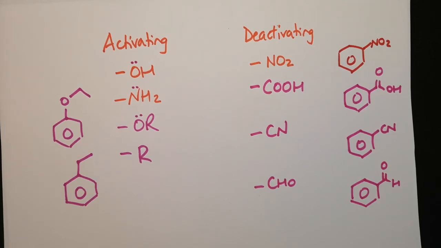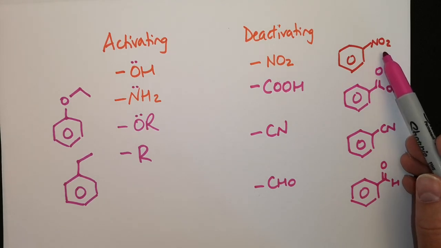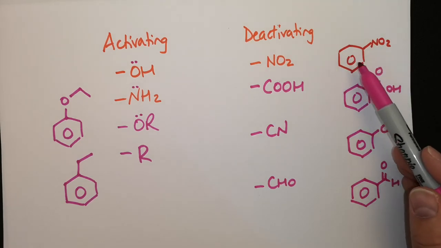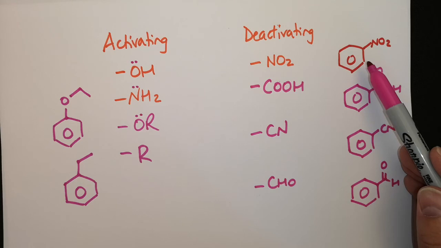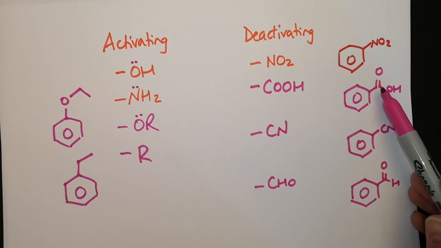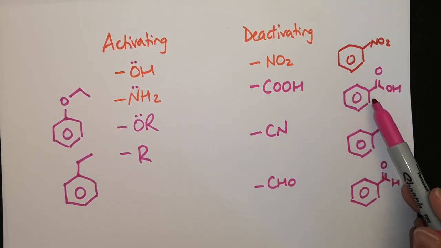Now if we look for the common features between these four deactivating groups, then if you look for the electronegative atoms, the most electronegative atom in this bit here is the oxygen. So what that's doing is it's pulling electrons away from the nitrogen, which in turn means that some of the electrons are pulled away from this ring. Same thing here. Where are the electronegative groups? They're 2 atoms away. So the oxygens are pulling electrons from the carbon, which is in turn pulling electrons out of the ring.